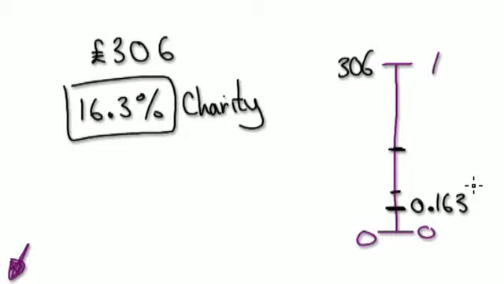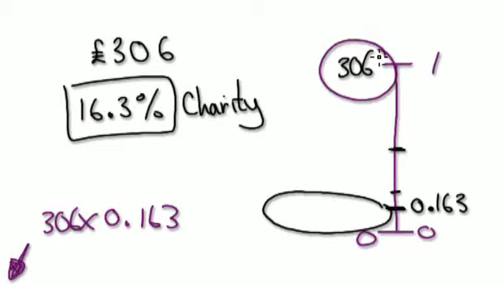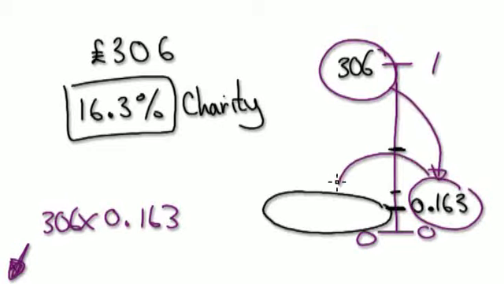Anyway, develop your own technique of doing it. Basically, we want to know this level here, which is our whole amount times 0.163. So it's basically get this times this, and then it will give you this.